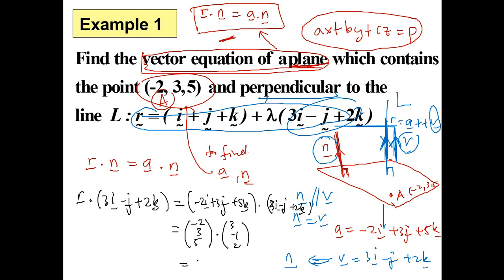Negative 2 times 3 is negative 6, plus negative 3, plus 10, is equal to 1. So this is the answer. Just write down r dot 3i minus j plus 2k is equal to 1. This is called the vector equation of a plane.